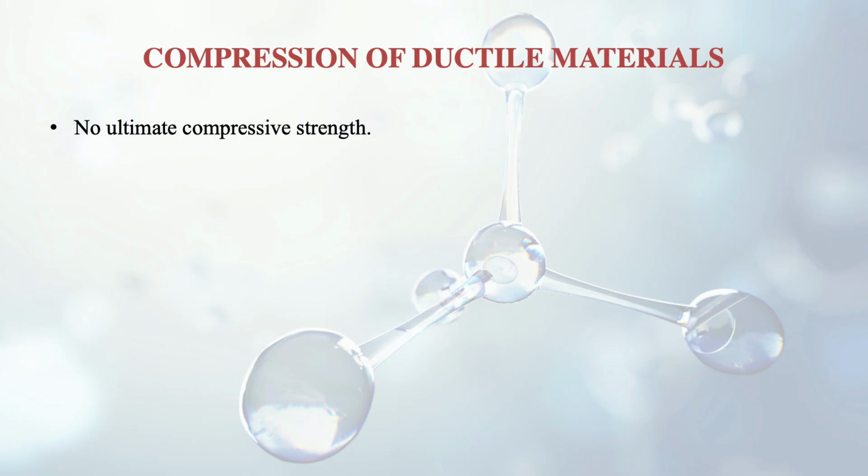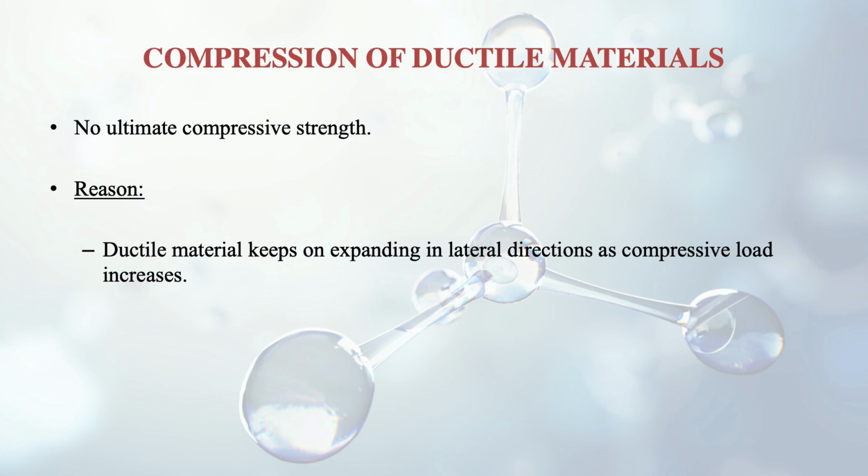Compared to the tension test, we see that there is no ultimate compressive strength. In tension there was an ultimate strength, but in the compression test there is no ultimate compressive strength. What is the reason behind that? The reason is that ductile material keeps on expanding in lateral directions as the compressive load increases.